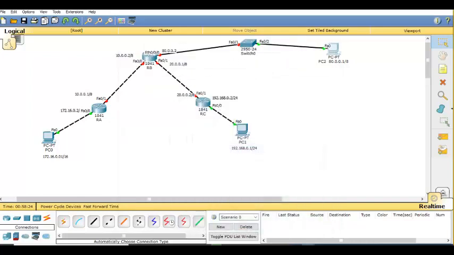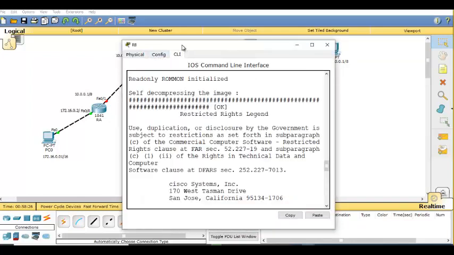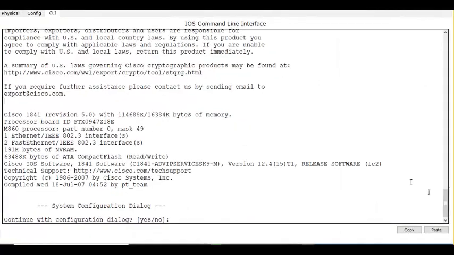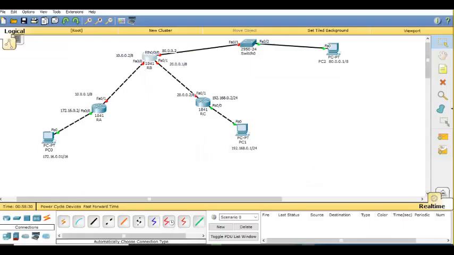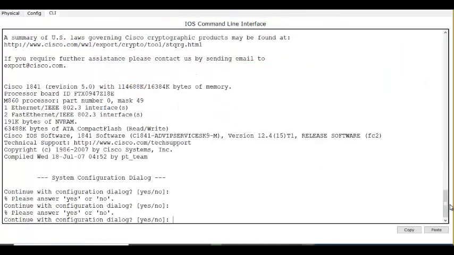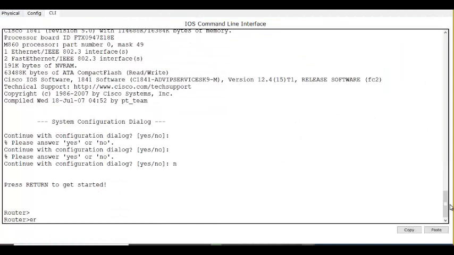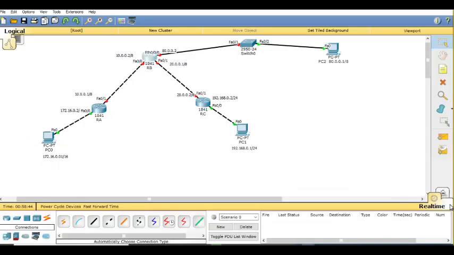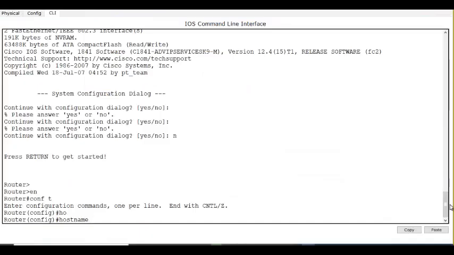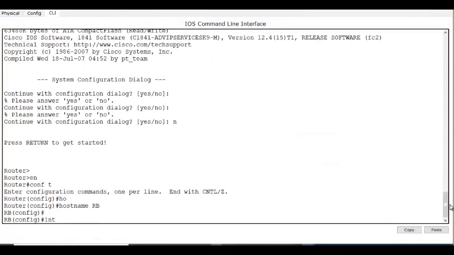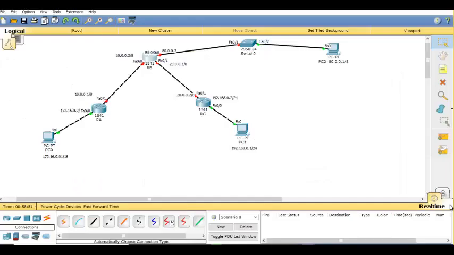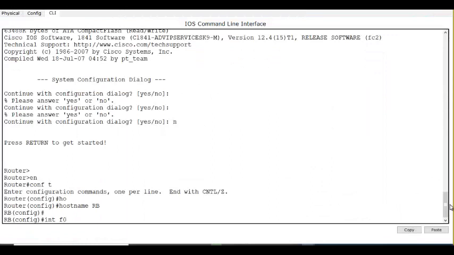And likewise, I'll go to this router. Oh my God, it's a fresh router. You didn't save this router when you gave the configuration. There's no configuration now. It's okay. Hostname RB, interface F0/0.